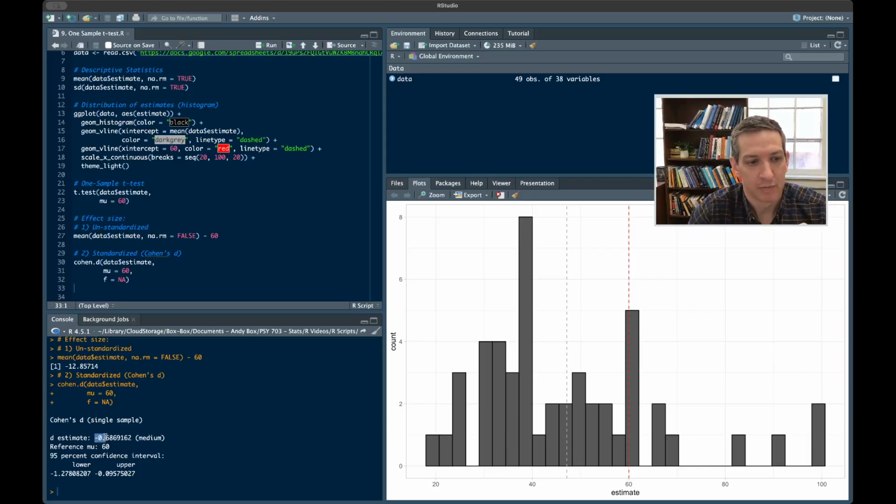Now, recognize that this is in units of standard deviation, so it would make sense to say that our sample was about 3/4 of a standard deviation below the known value of 60. And here, medium is gibberish that I need you to ignore. You may recall hearing or reading at some point that there are benchmarks of what Cohen's d counts as small, medium, and large.